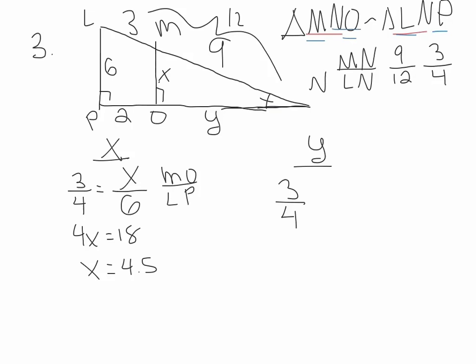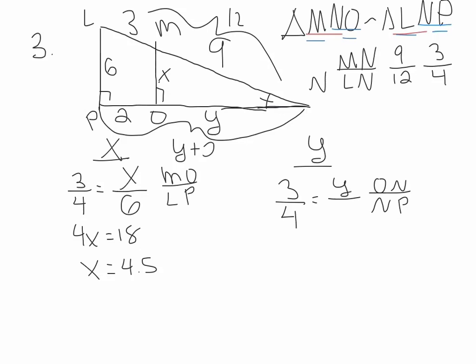ON corresponds to NP. So ON over NP. ON is y. NP is this entire length. I have 2 and y, so this is going to be y plus 2.